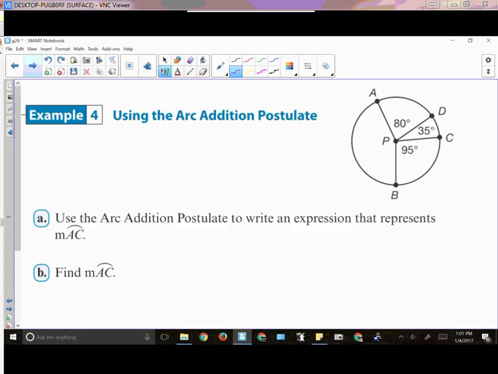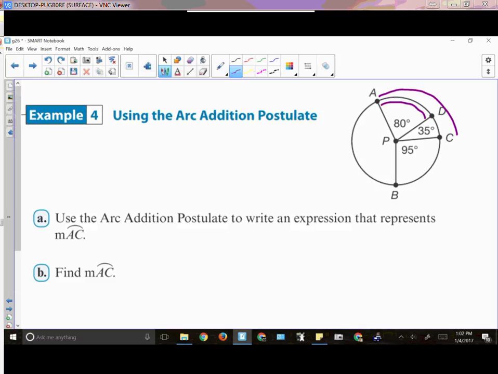So, with that information, use the arc addition postulate to write the expression. Now, most of you would just simply go through and say AC is equal to 115, right? But you didn't read. They want the expression. Well, I need to go from A to C all the way over here using arc addition.